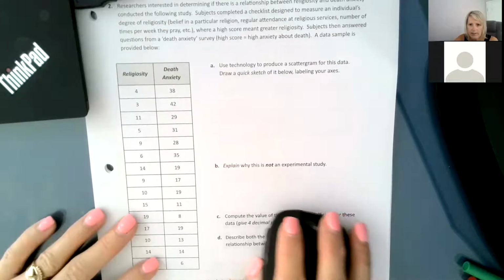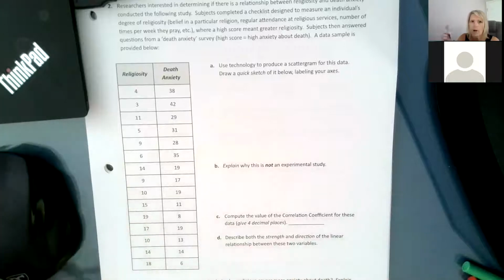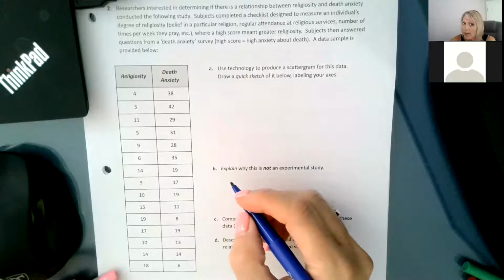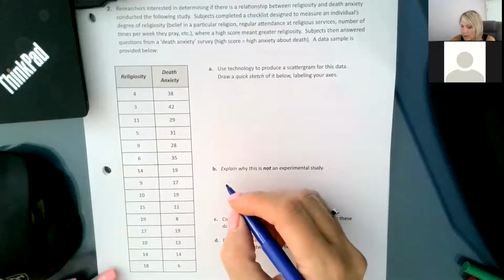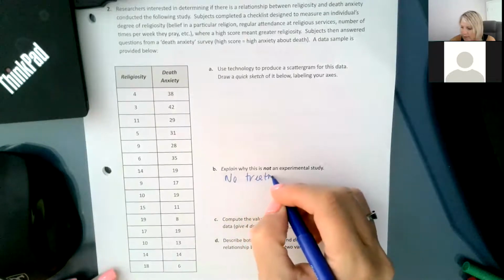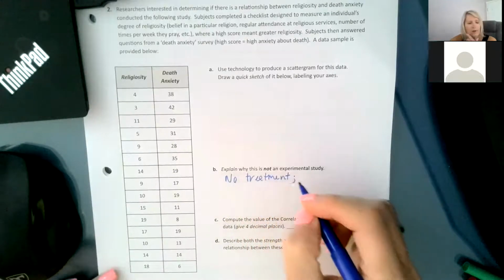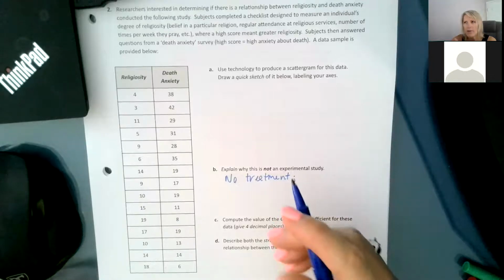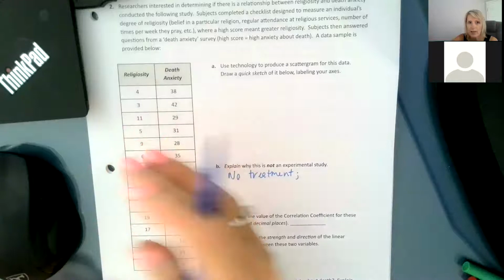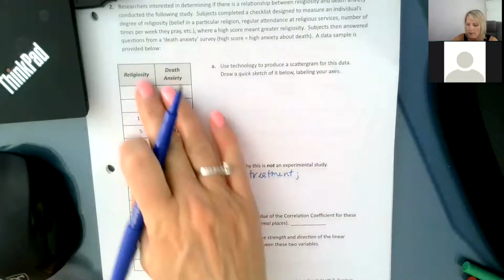Let's first explain why this is not an experimental study. Well, the big thing is you can't make somebody be religious, right? So there's no treatment. If you're wondering, you can ask yourself, if it's a designed experiment, then you randomly assign people to groups and you give them a treatment of the explanatory variable.